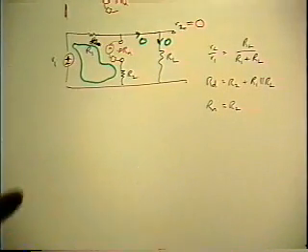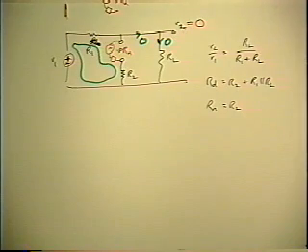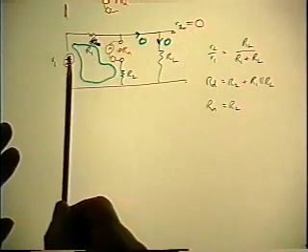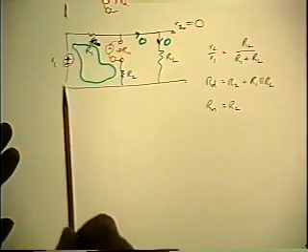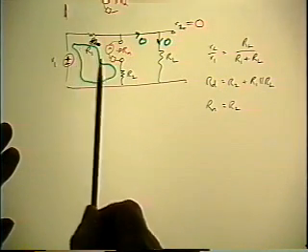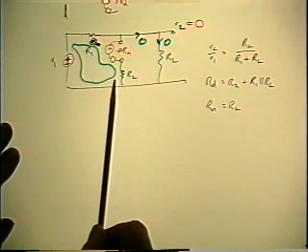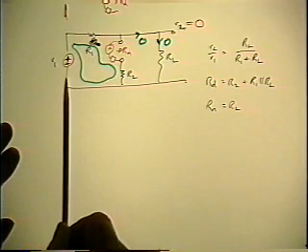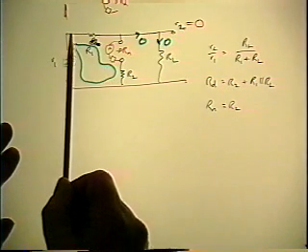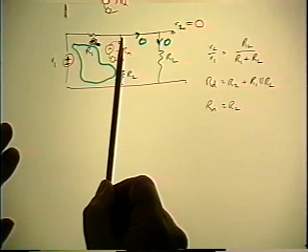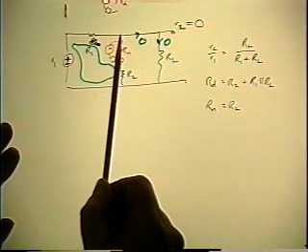In fact, the way you get the null is by adjusting these two sources, which are in series around that loop, such that whatever voltage V1 you've stepped up to this point, you step back down to zero at that point. That's what gives you the null.